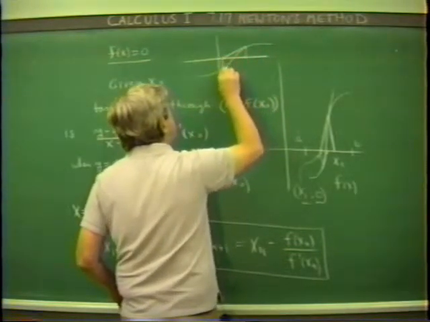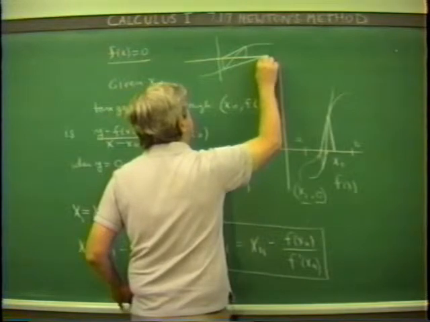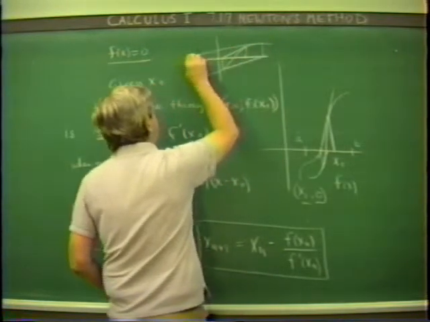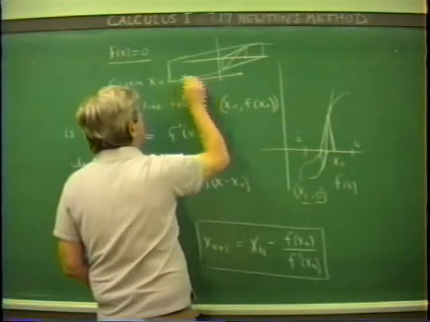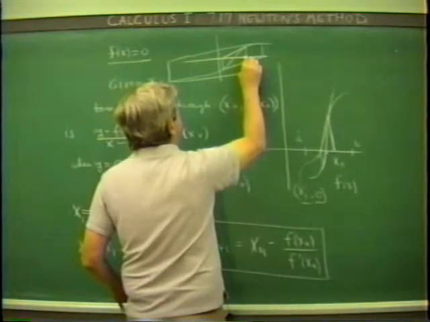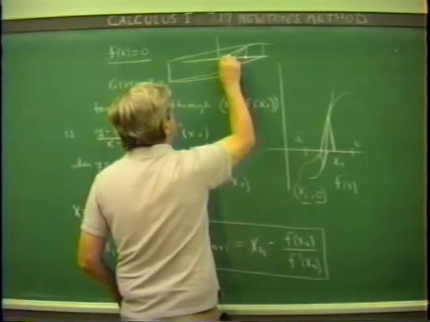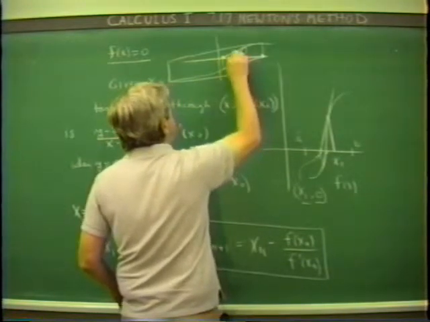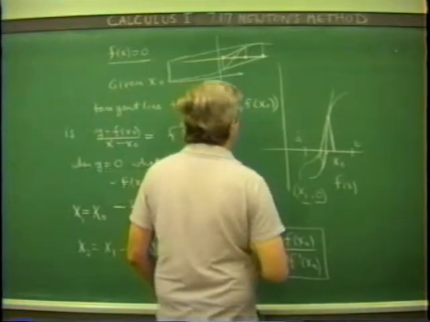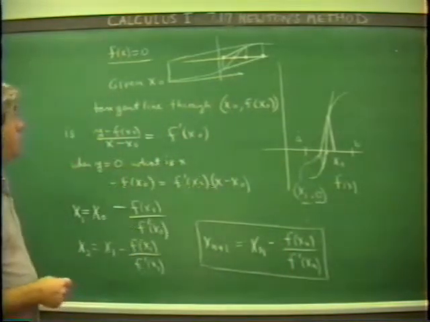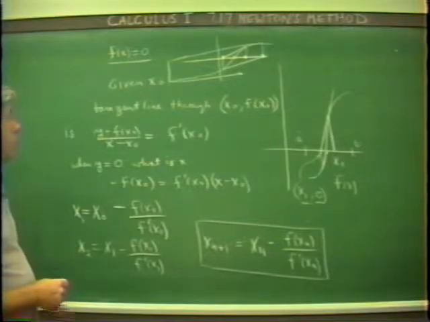An example of where it wouldn't work would be something like this. Right? If this was our first approximation, if we follow the tangent line down, we're going to get something like this, which is perhaps going to send us further astray, and further astray, and further astray. So if this was our first approximation, this would be the second approximation, this would be the third, and it's clear we're not getting any closer to where this is equal to 0.